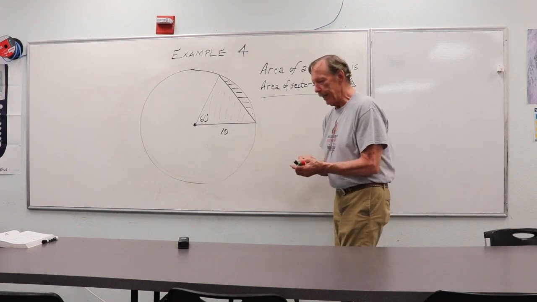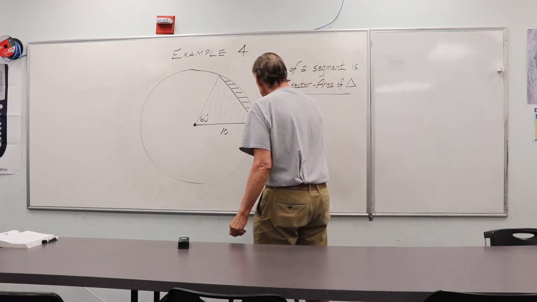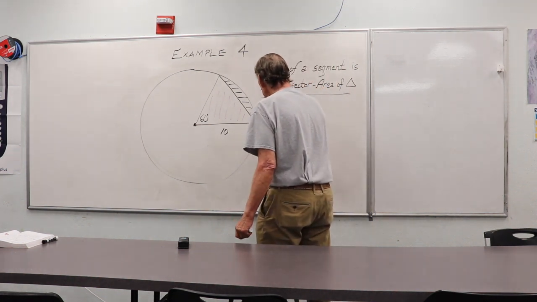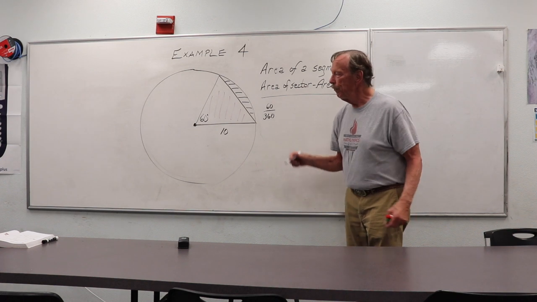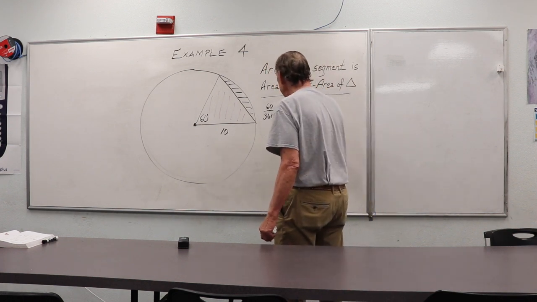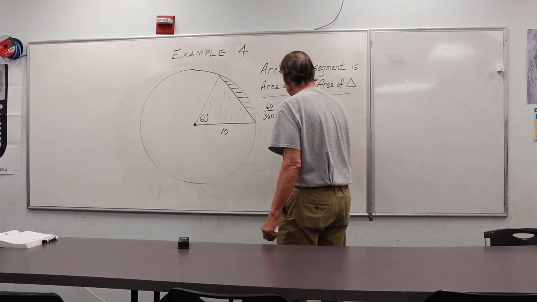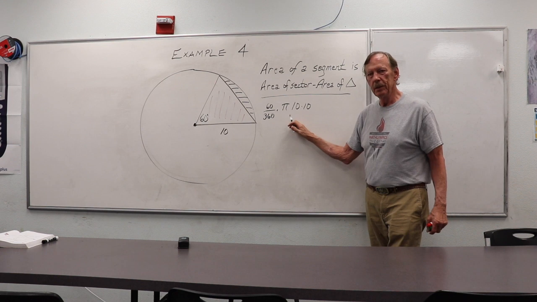Now we know how to do that. The area of the sector will be 60 divided by 360 times pi times the radius squared.